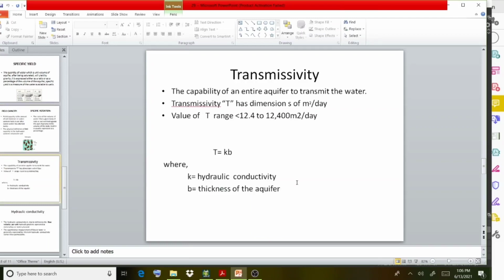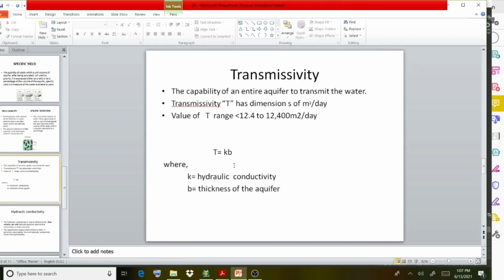Then transmissivity, as the name indicates, is the capability of an entire aquifer to transmit water. How capable this aquifer is of transmitting the water, that quantity or measurement is called transmissivity. Its unit is meter square per day, and its range is from 12.4 to 12,400 meter square per day.